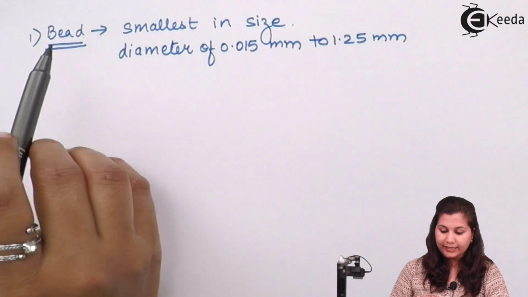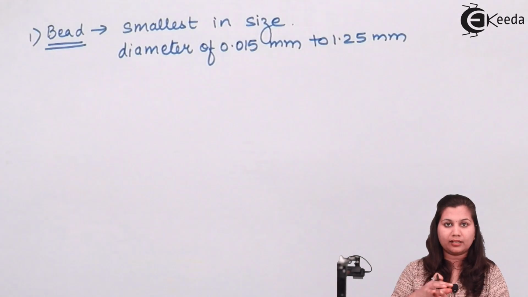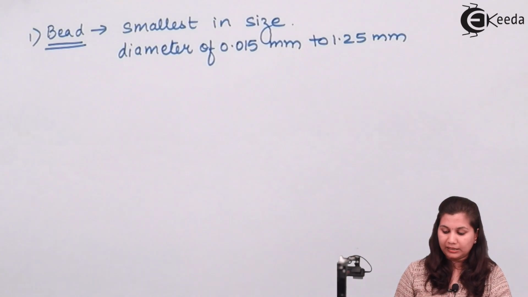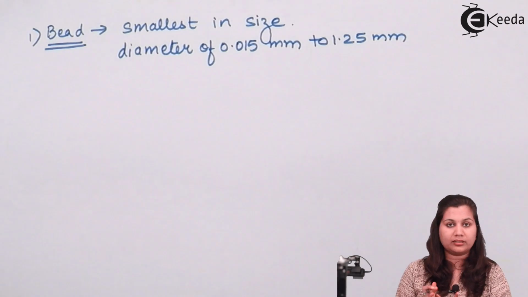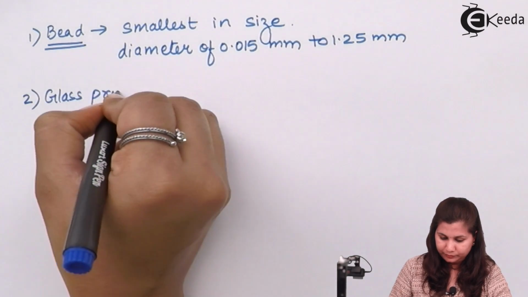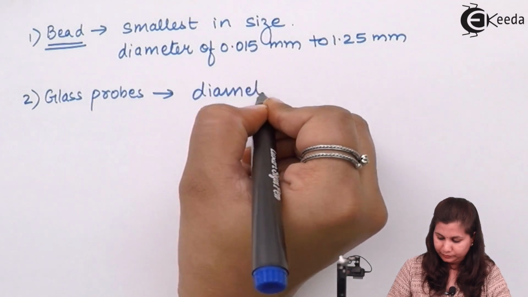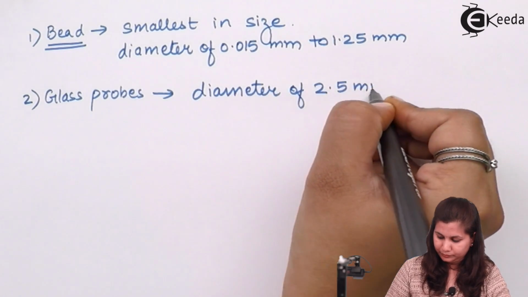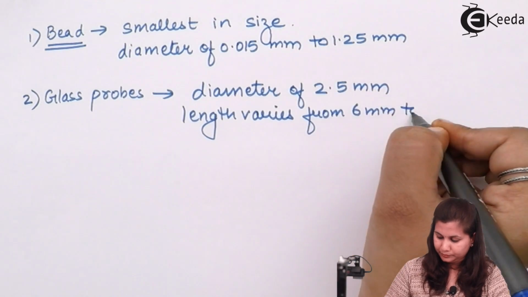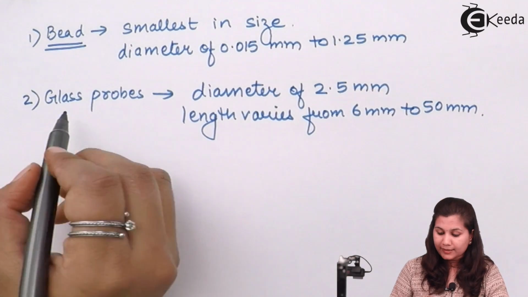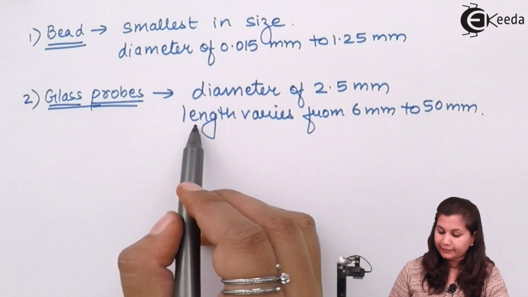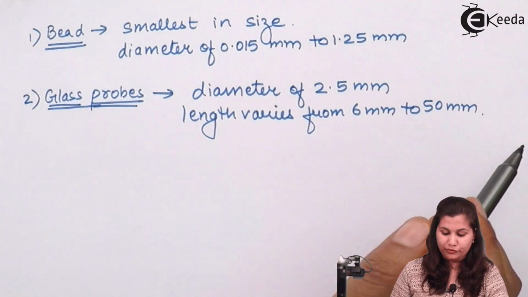Now, the bead may be sealed in a glass envelope. So you have seen in the diagram that over the bead we have the glass coating so as to protect the thermistor material. About the glass probe type of thermistors, their diameter is 2.5 mm and their length varies from 6 mm to 50 mm.